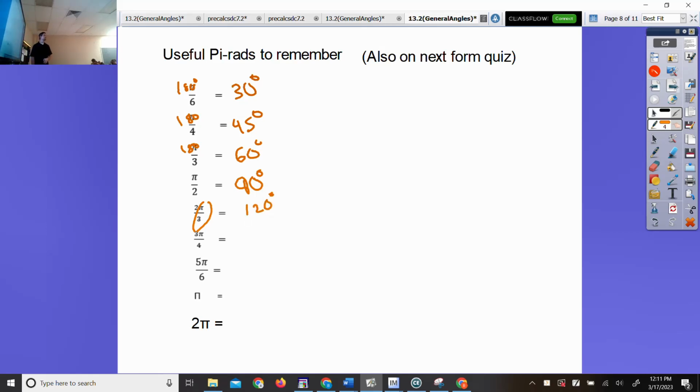How can you view 3 pi over 4? 45 times 2. Yeah, you can view it as 3 pi's over 4. And the pi over 4 is 45. That's 3 45s. Last I checked, that's 135 degrees. You've already done that in your notes. You can still do like 2 times from there. Okay. Like 360.